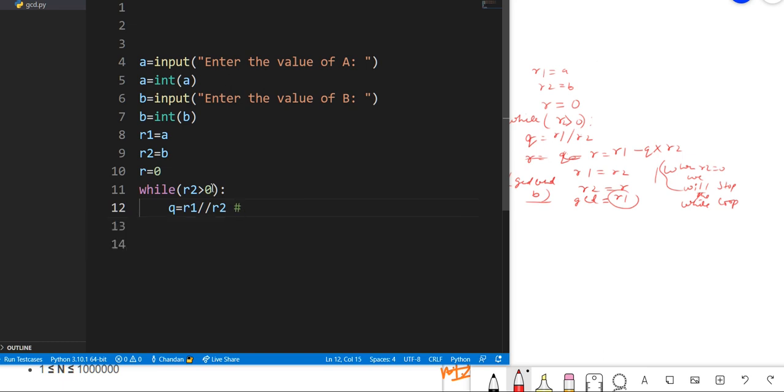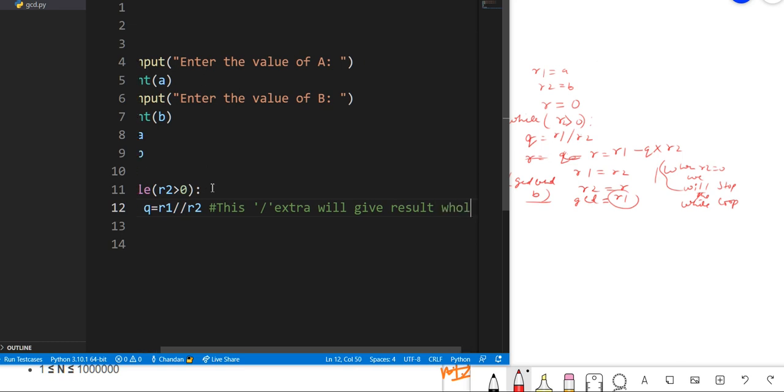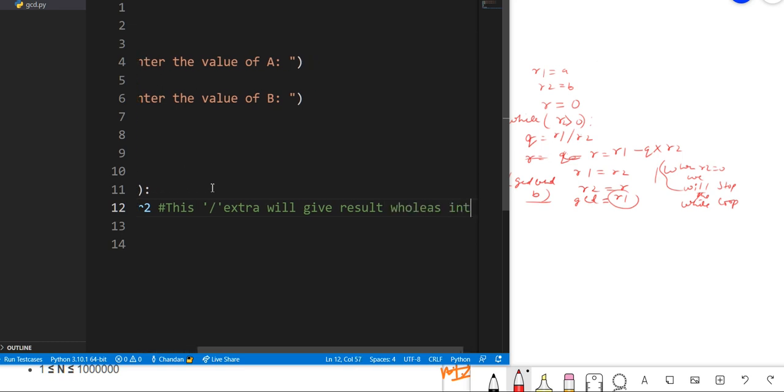Now this thing I will explain: the double slash will give the result as a whole number, an int, right?